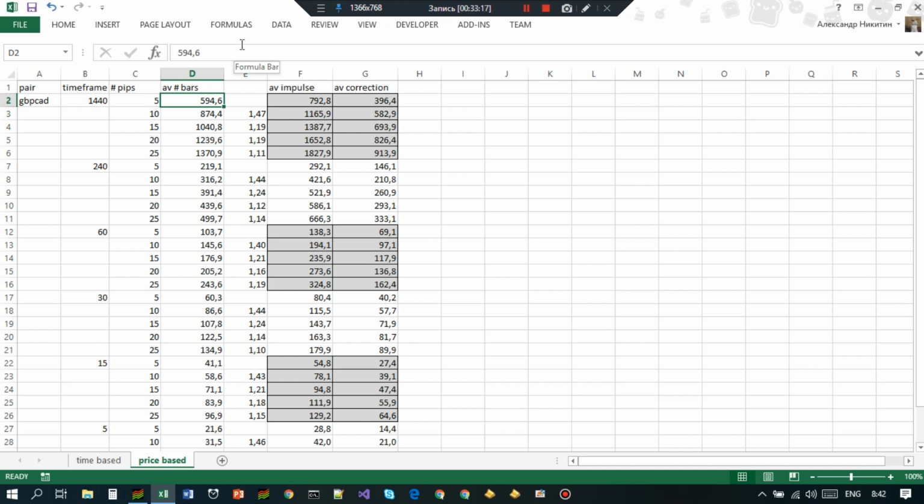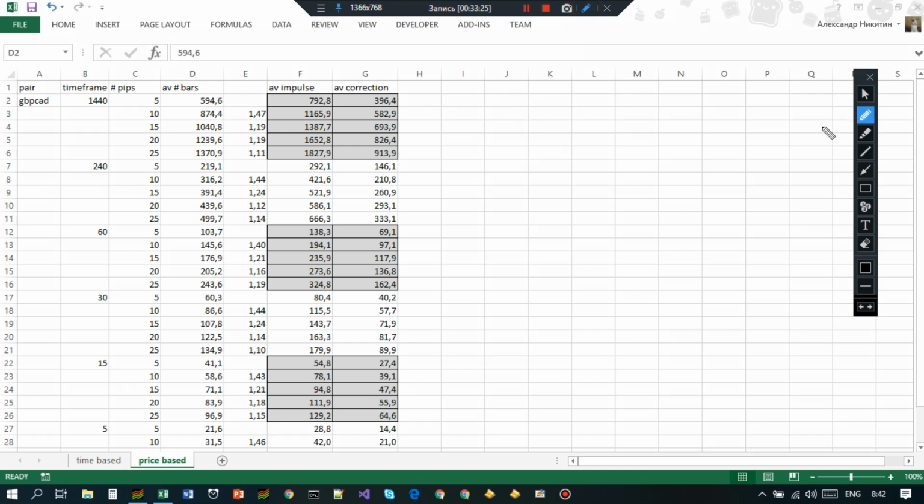So guys, what we have here is slightly different, because if you imagine you have the bars, they are your bars. For an impulse you have a smaller number of bars, but for a correction you have a greater number of bars.